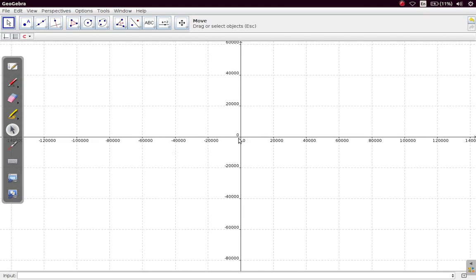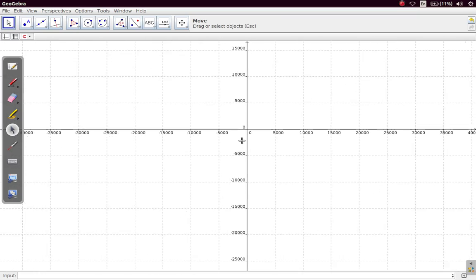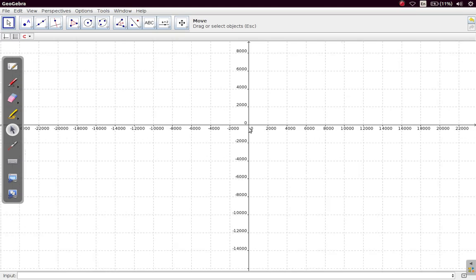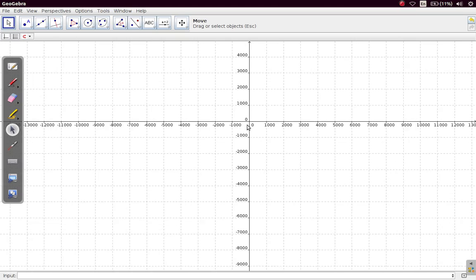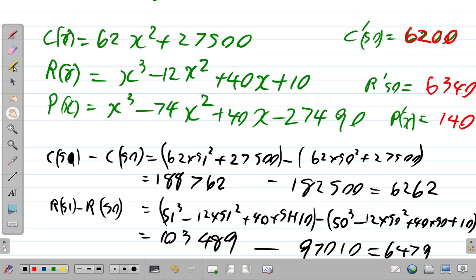Right, the 62x squared. Those values will be too large for us to accurately see exactly what's going on in the graph. It would be too steep. But the general shape of the graph would be this.